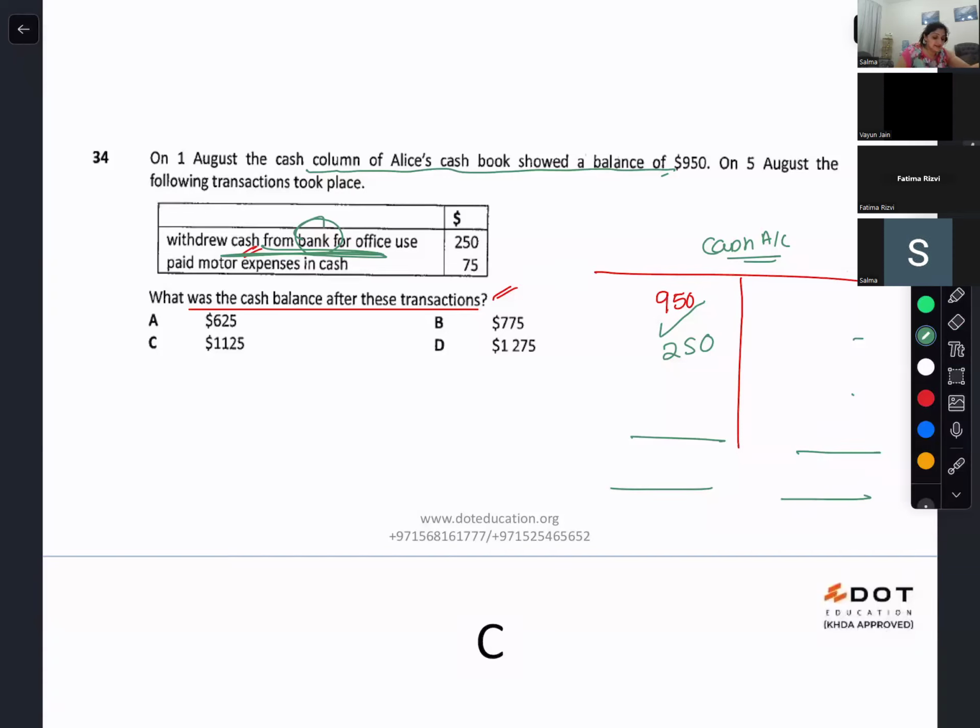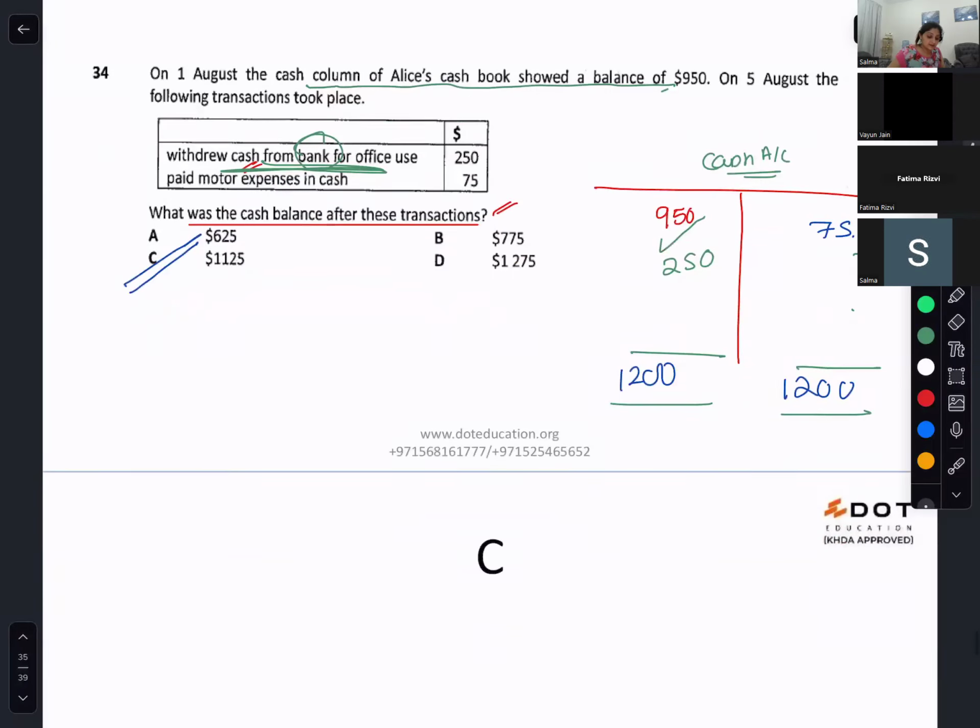So 950 plus 250, 1200. Paid motor expenses in cash, minus 75. So it is 1125. Yes, miss. Okay, understood, miss.